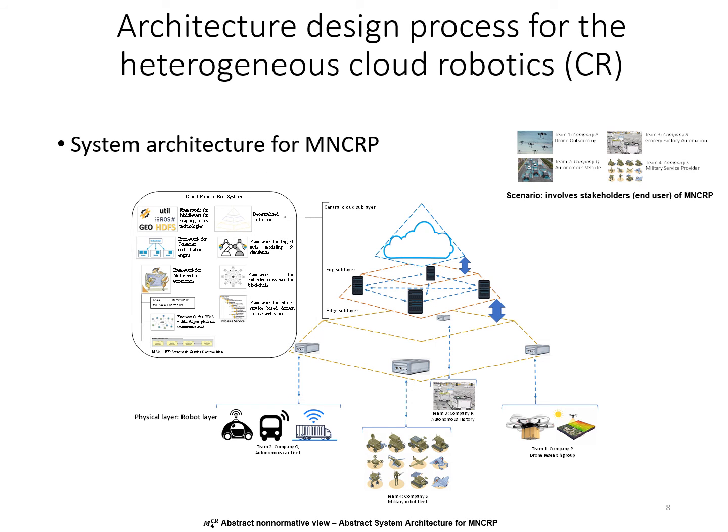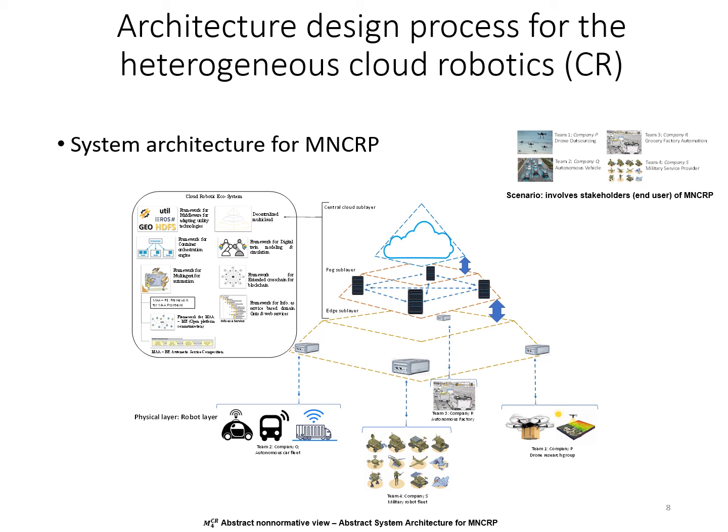After that, we define the system architecture for the MNCRP, which involves 4 use cases as shown here. Team 1 is the drone outsourcing company, team 2 is the autonomous vehicle company, team 3 is the factory automation company, and team 4 is the military service provider.